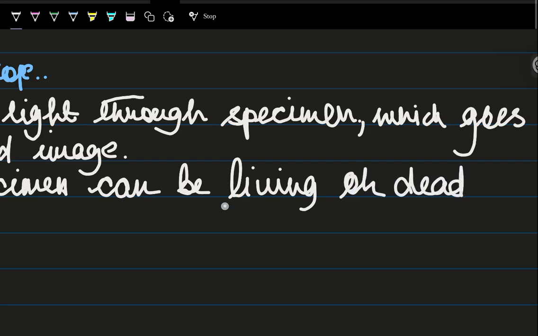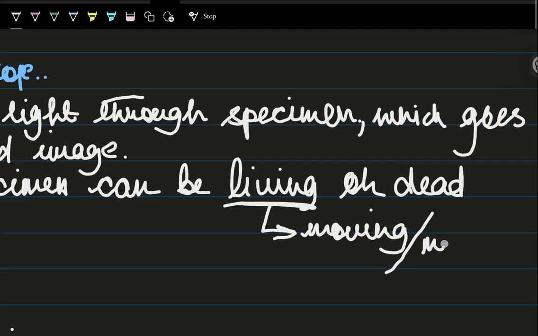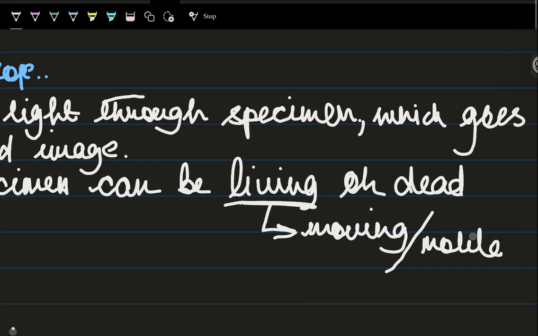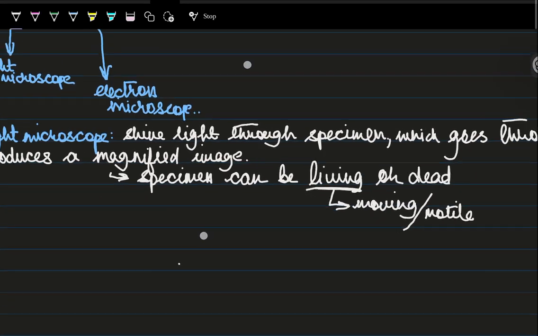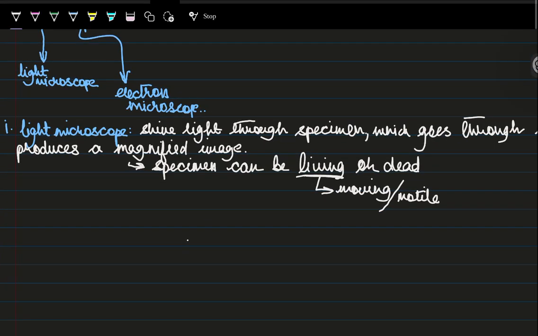And by living, what I mostly mean is they can be moving or motile. It's another word for moving. Yeah, so for example, if you want to see not a bacteria, that's too small, but let's say surface cells like cells of the onion peel, then you can watch it under a light microscope.